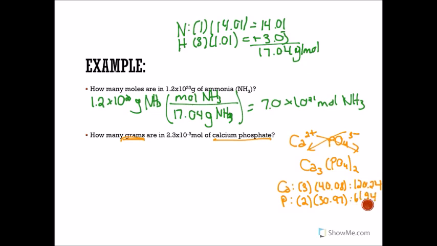And then for oxygen, we have 8 oxygens, each with a mass of 16. 8 times 16 is 128.